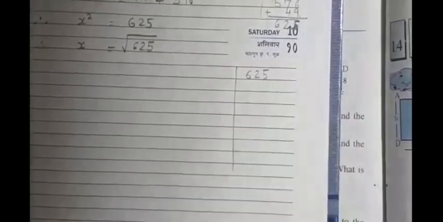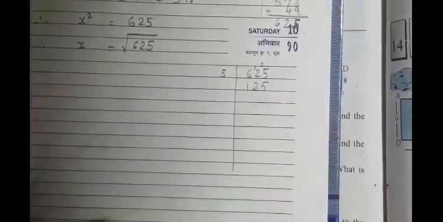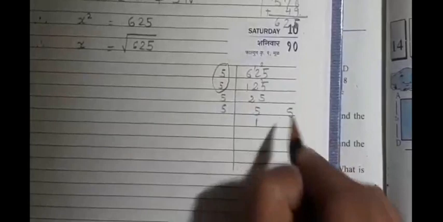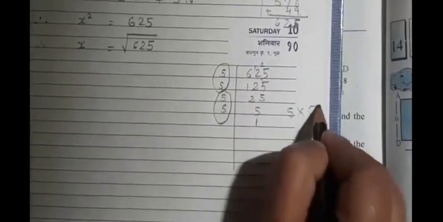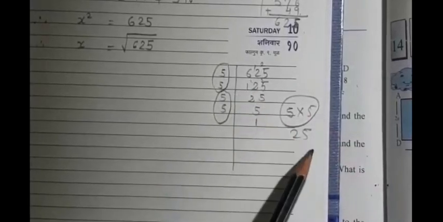Take the number 625. Is it divisible by 5? Yes. 5 1s are 5, 1 is remaining, take 2. 5 2s are 10, 2 is remaining, take 5, it will be 25. 5 5s are 25. 5 comes 4 times, so this is one pair, we write 5, and this is the other pair, 5. 5 5s are 25, so the square root of 625 is 25.